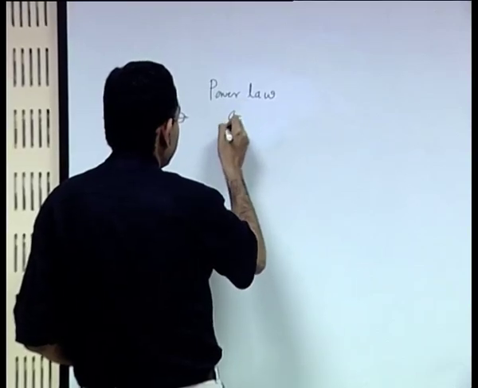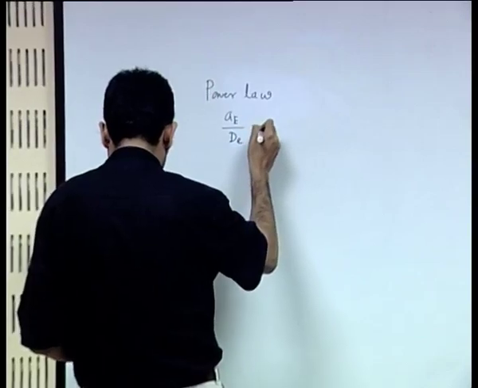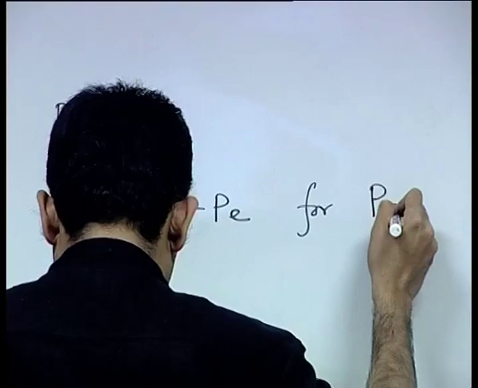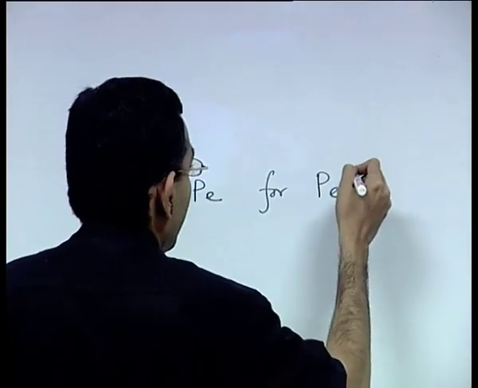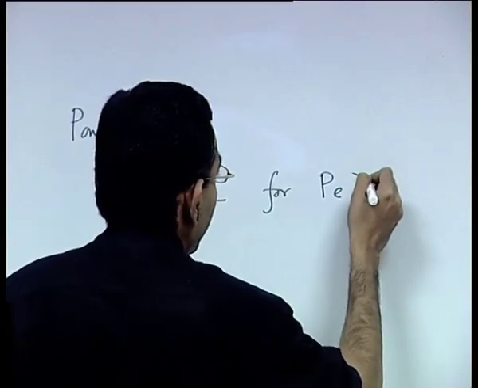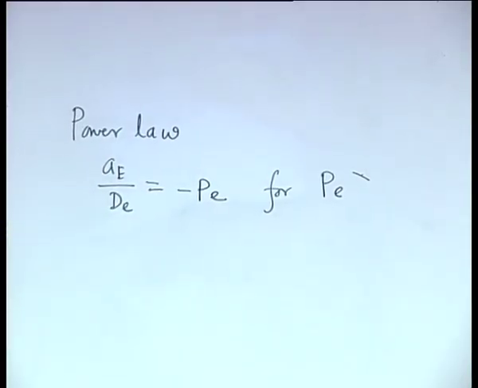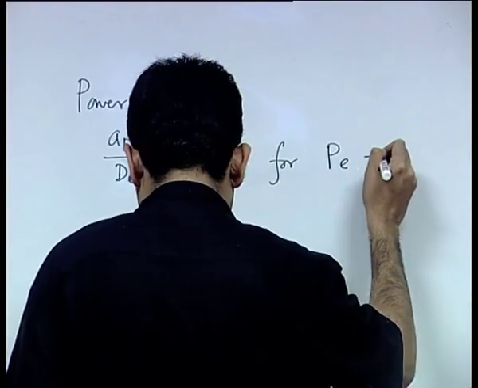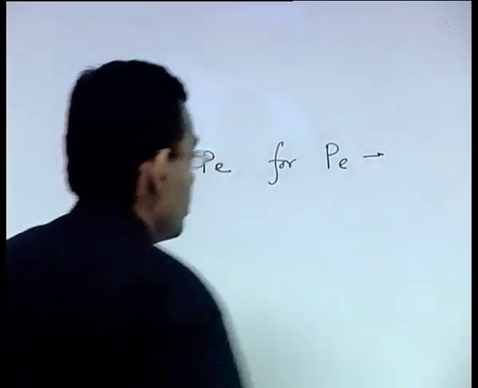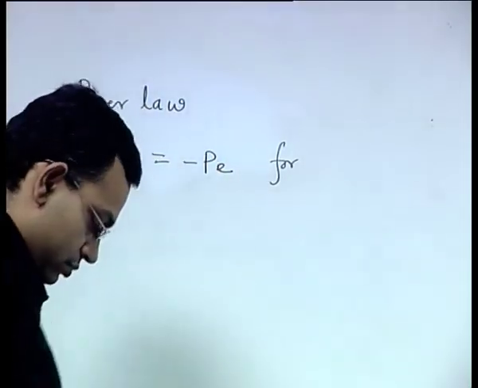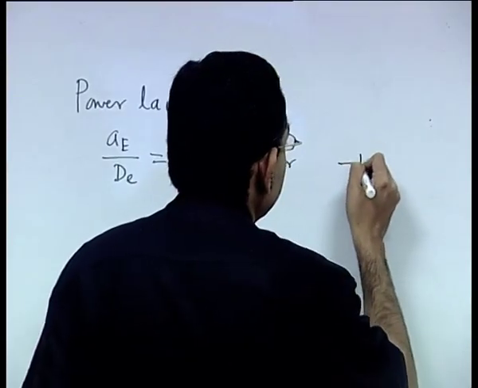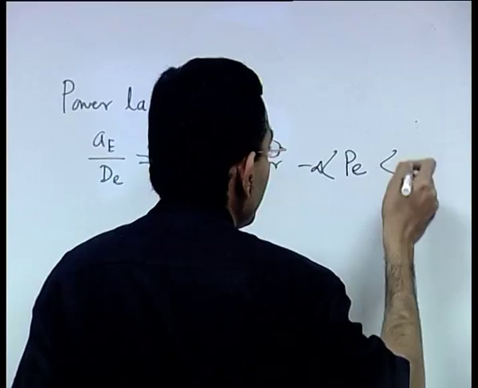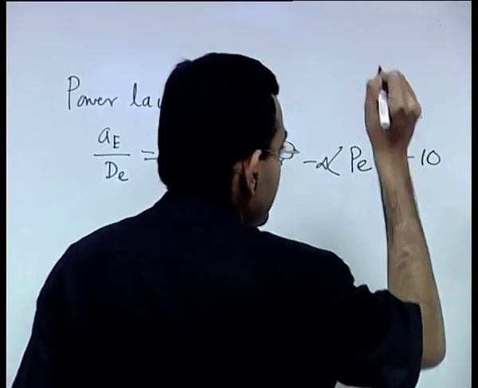This power law is described as follows: AE by D is equal to minus PE for P tending to minus infinity, or even between minus infinity to a negative number which is large enough, minus 10.